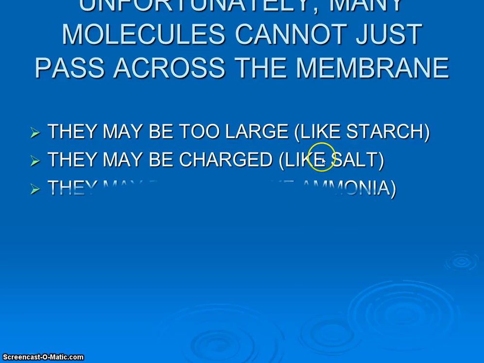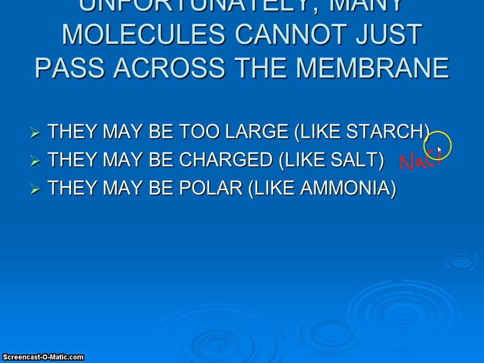They may also be charged. When we say charged, what we mean is, like salt, sodium chloride is actually made up of sodium and chloride ions. These little charged aspects will not diffuse across the membrane. They'll be repelled by the membrane. And the same thing with molecules that are polar, that have very, very slight charges. These three cases cannot move across the membrane.